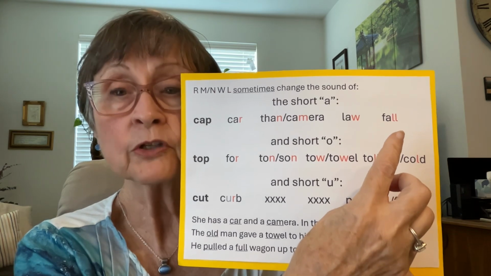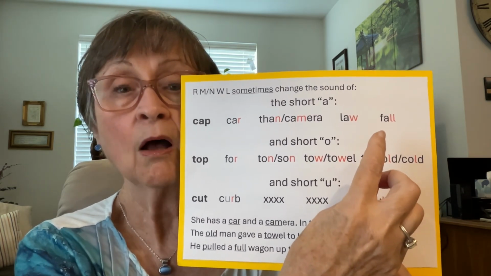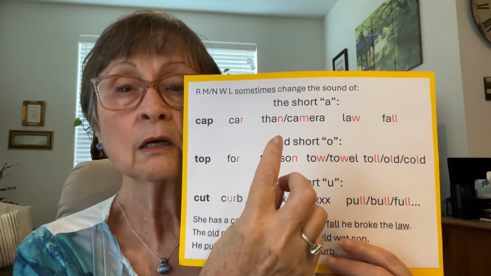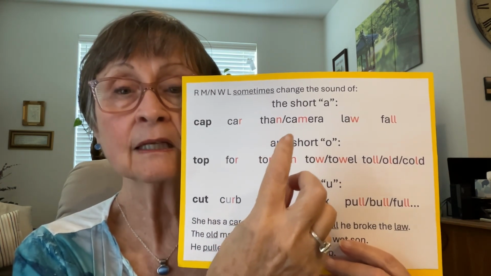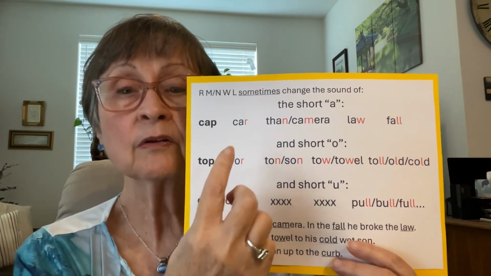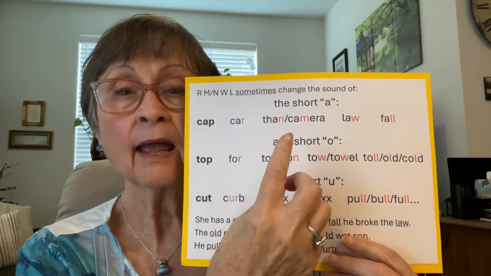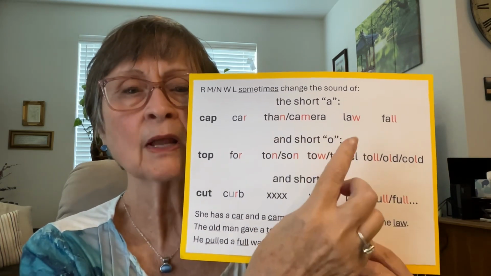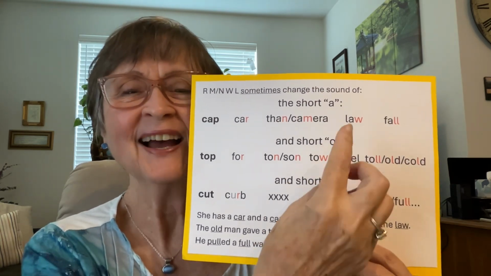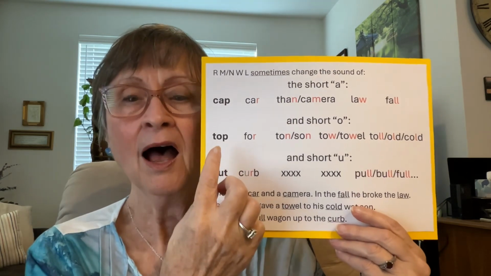And L will change it to aw also, especially a double L, fall. So it's car, van, camera, law, fall. Instead of being care, van, camera. It's almost the same. Loud and foul changes to another sound. It's very weird.